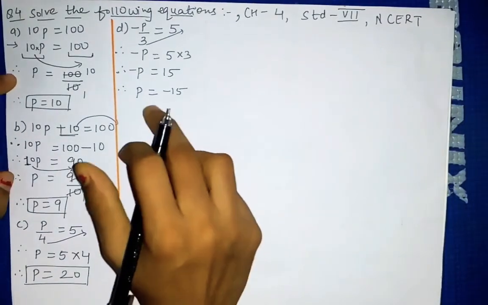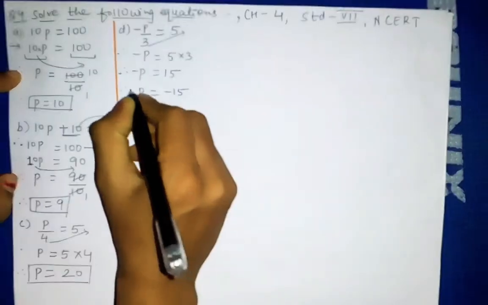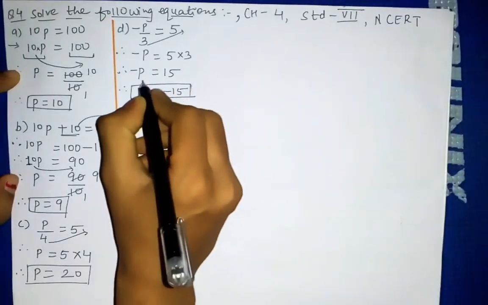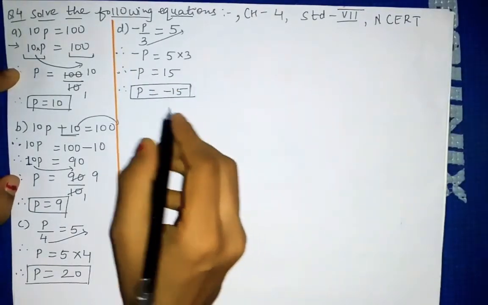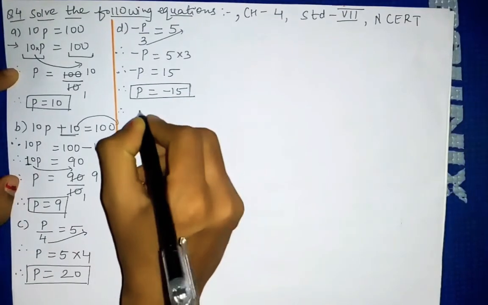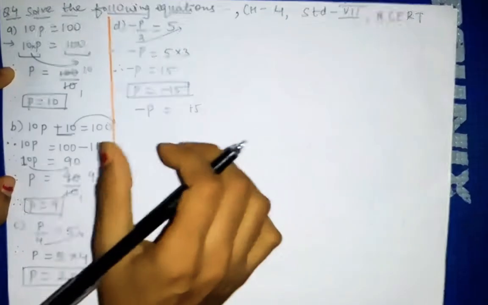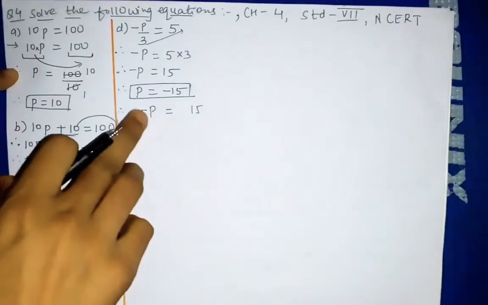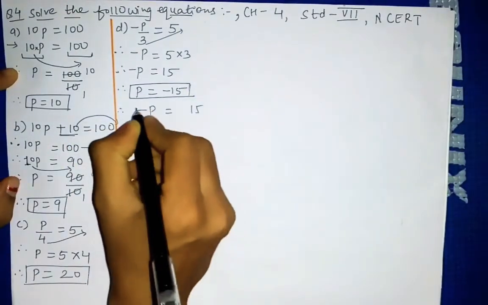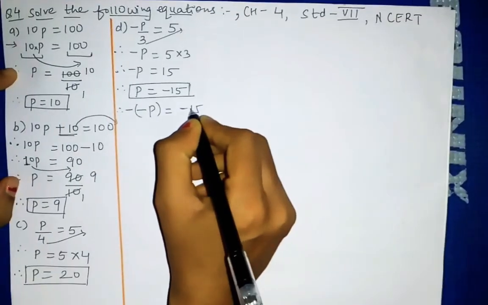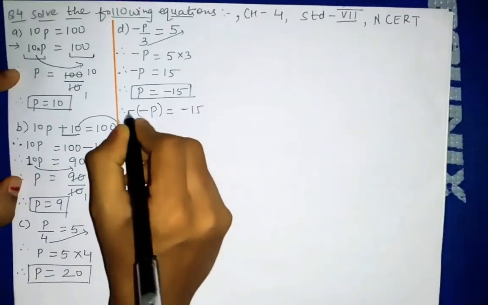So this is the value of the variable. Okay, so this way you can get it. Or if you don't understand it directly, you can multiply both sides by minus. See, I'll show you that also. Minus p equal to 15 is there, right? You multiply both sides by minus, because we want the value of p, not minus p. So here we multiply by minus, and here also we multiply by minus. Both sides minus.